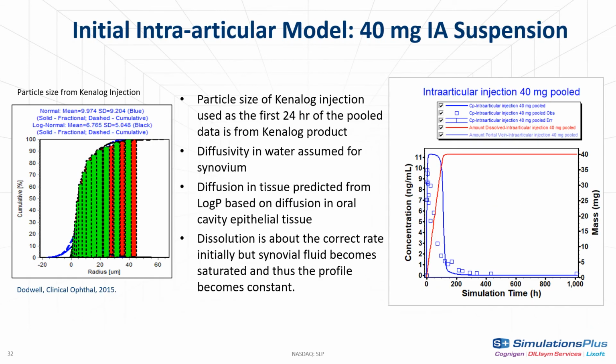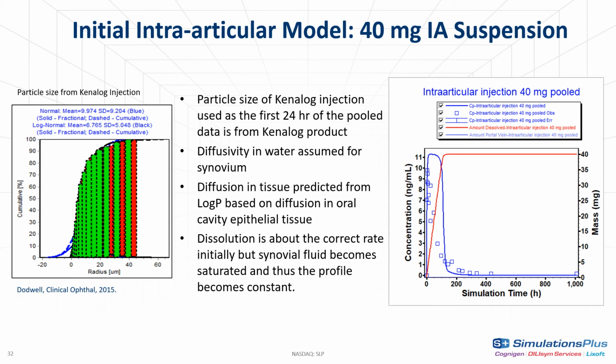The next step was to model the intra-articular suspension injections. And for this, we used the particle size distribution of the Kinalog injection. For the initial model, we assumed a diffusivity in water for the synovial fluid, and the diffusivity in the tissue based on the oral cavity model. So what we found in our results, and you can see here the blue squares are the experimental data, and the blue line is the simulated plasma concentration.